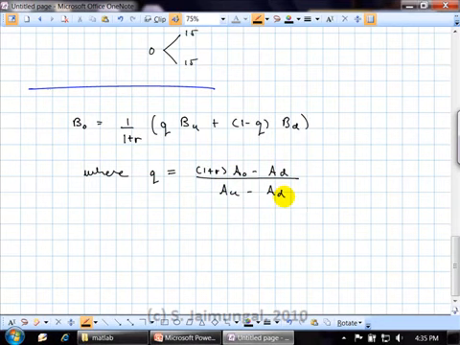You find this expression, okay, in general. It takes you a few lines to get here, but it's not hard. And it's a waste of time to do it in class. So just do it on your own, you'll get that.